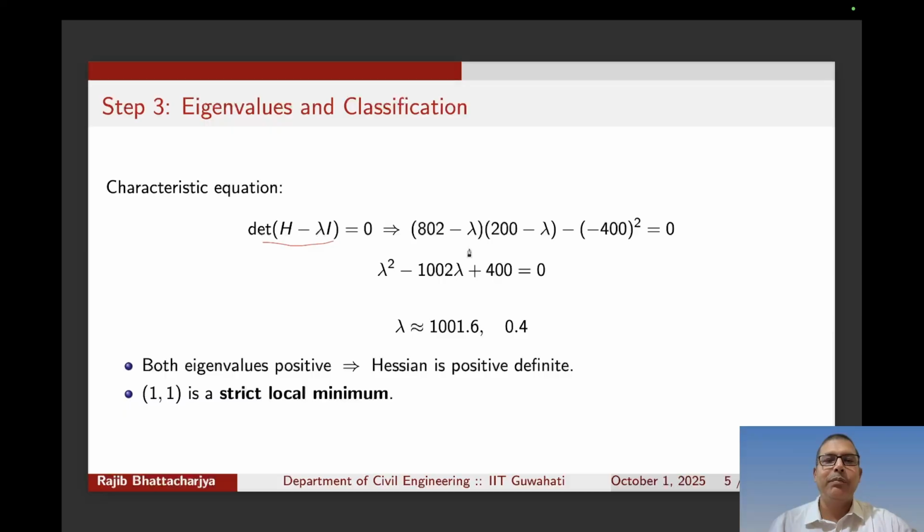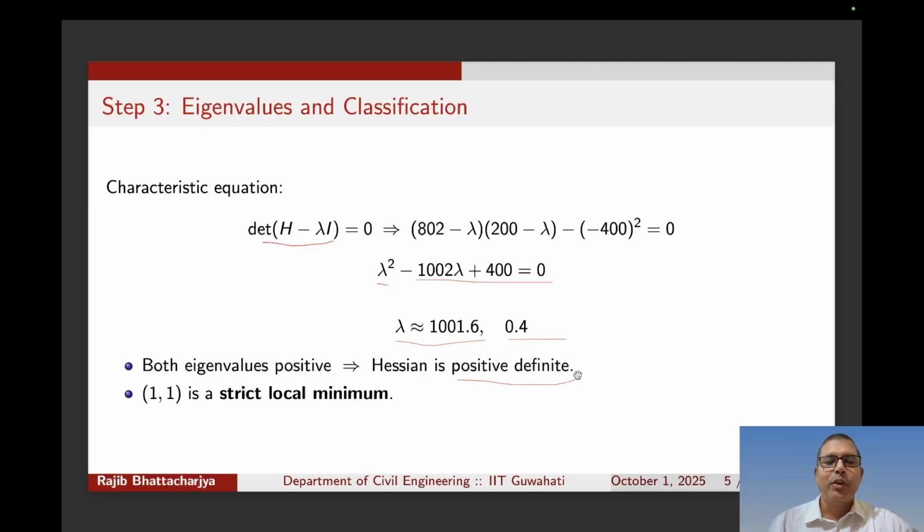If you simplify this equation, you'll get lambda squared minus 1002 lambda plus 400 equal to 0, which is a quadratic equation. If you solve this equation for lambda, you will get lambda equal to 1001.6 and 0.4. Both the eigenvalues are positive here. Therefore, the Hessian matrix is a positive definite matrix.